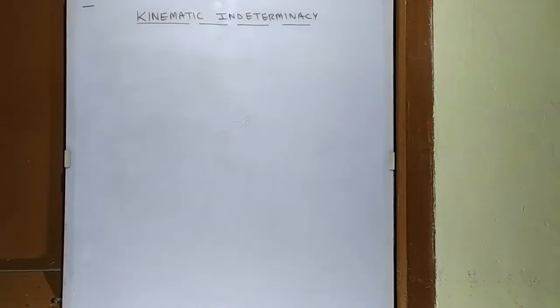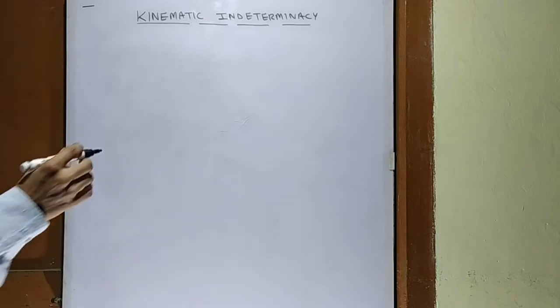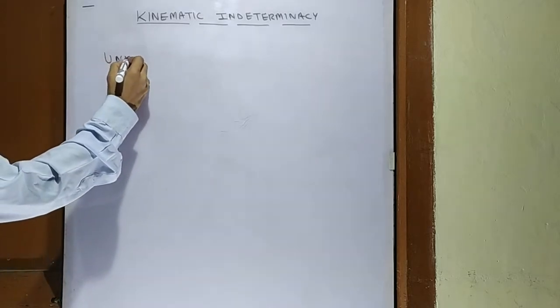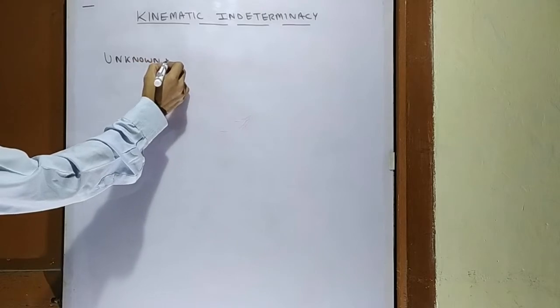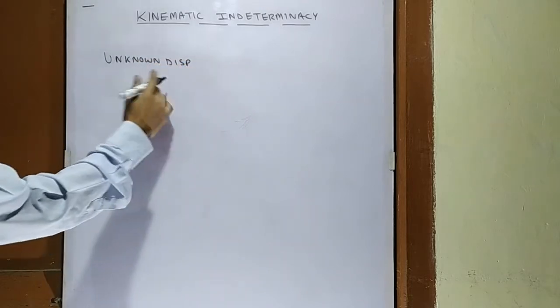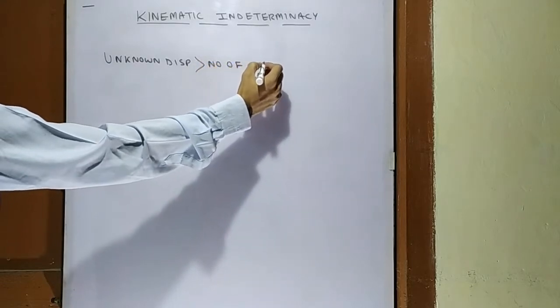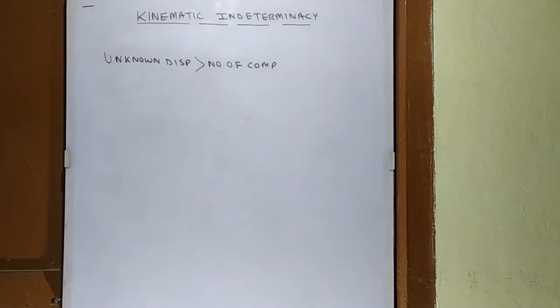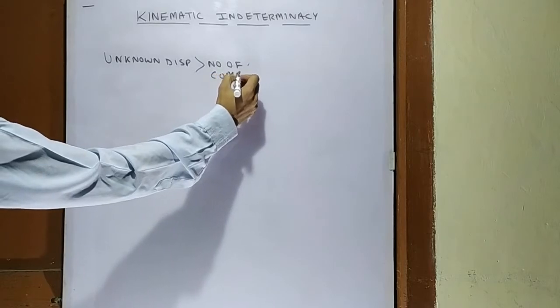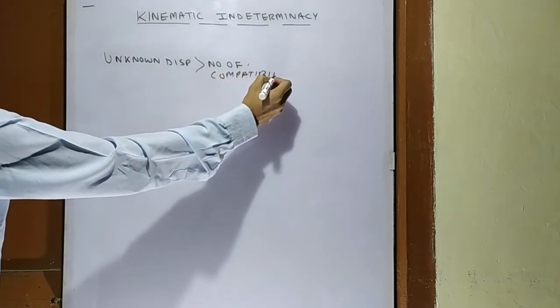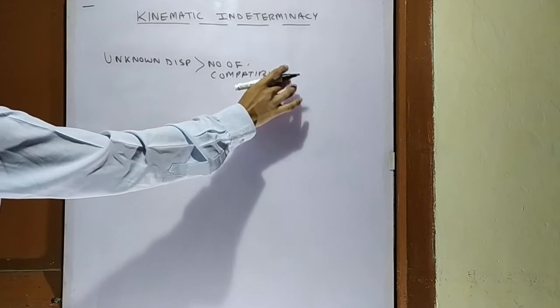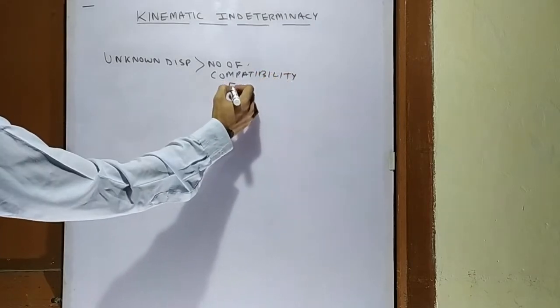So today we will discuss what is kinematic indeterminacy. A structure is said to be kinematically indeterminate if the number of unknown displacements is more than the number of compatibility equations available.